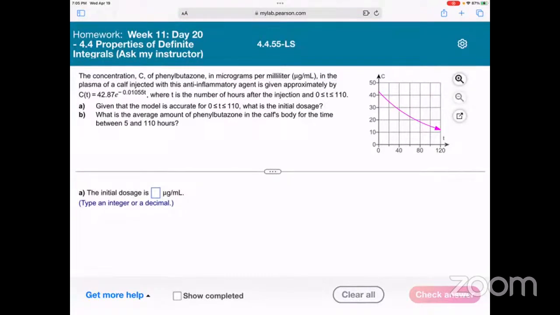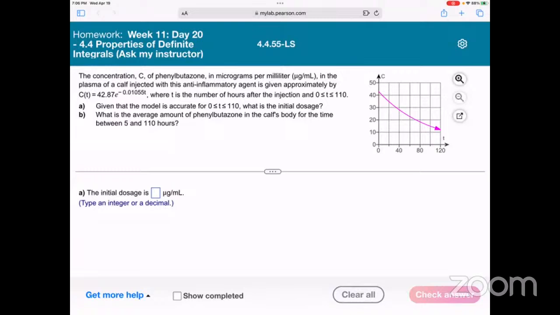The initial dosage. Let me see. The concentration. So basically, when time is 0, is that right? I'm tempted to just let T be 0 to get the initial dosage. If we let T be 0, it's 42.87 micrograms per milliliter.